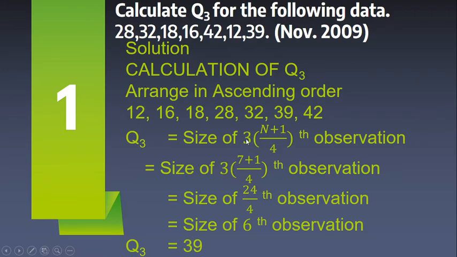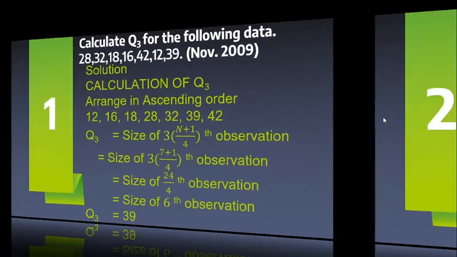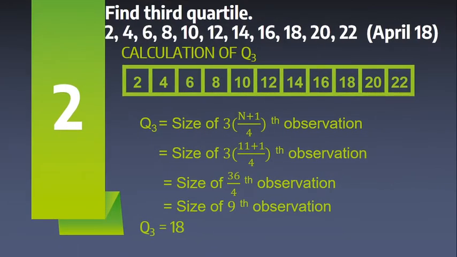If it was the first quartile, it would have been 1. Now being the third quartile, it is 3. 3 into 8 is 24 divided by 4, which is the 6th observation, and we pick out the 6th value, which is 39.